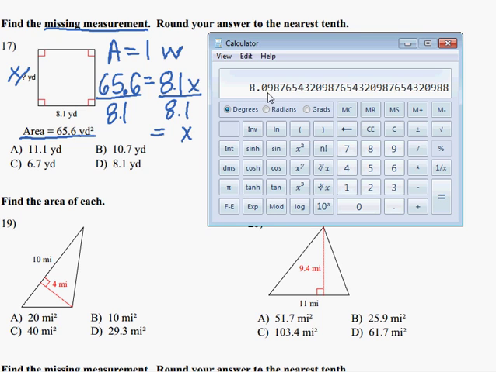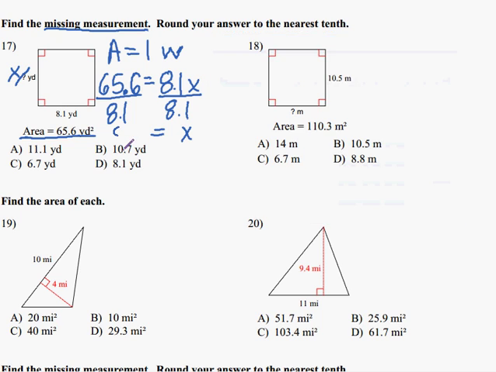I go to the right of the 0. Since this is greater than 4, I increase this by 1, so I write 8.1. Try problem number 18, and then we will discuss problem 19.